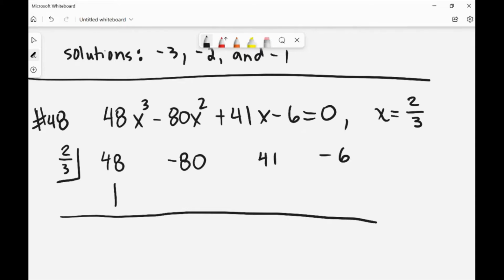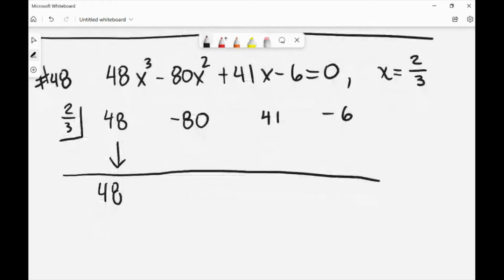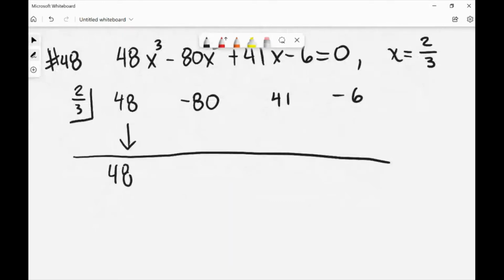All right, we're going to drop the 48. Now we need to multiply 2/3 times 48. Let me show y'all how to do that. That's why I quiz y'all on fractions, right? Because I knew they were going to hit you with fractions and factoring and formulas.